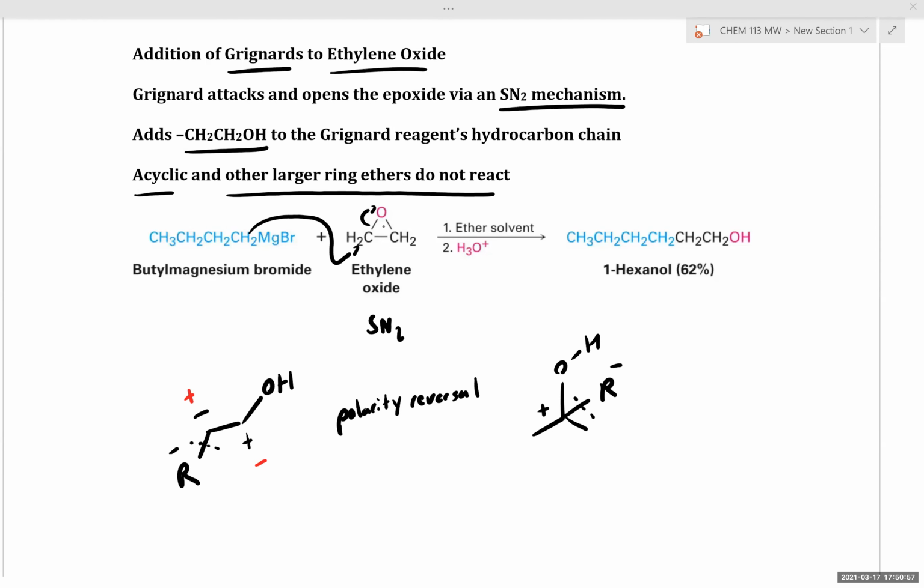Ethoxide is a base because generally anionic derivatives of nucleophiles, generally most anions, are at least slightly basic. And if you look at the pKa of ethanol, the pKa of ethanol is like 17, so it's a relatively weak acid.